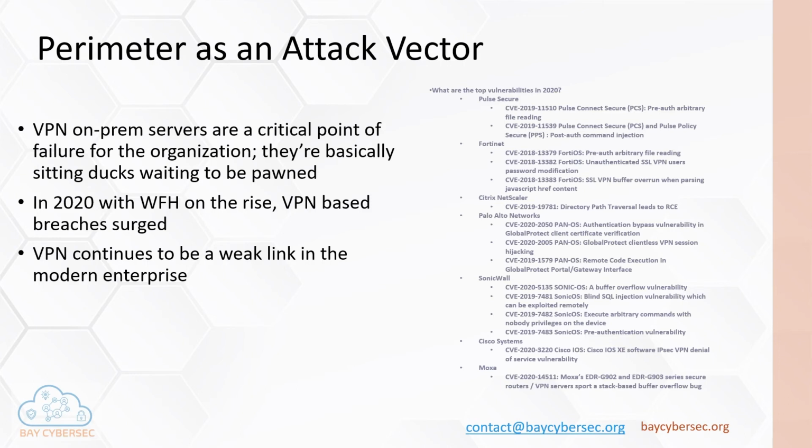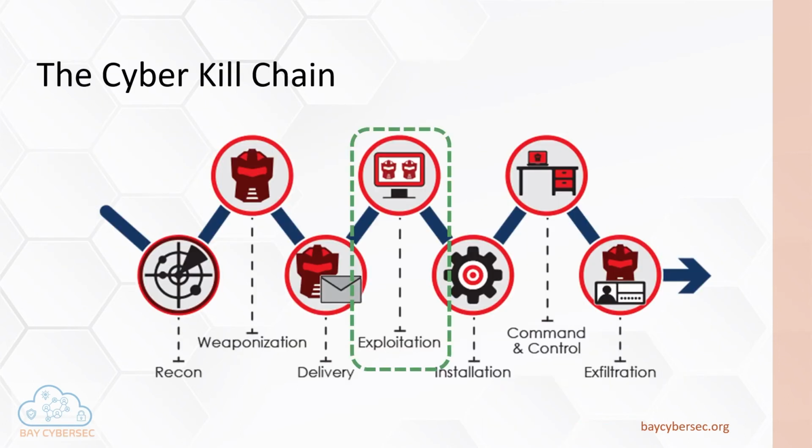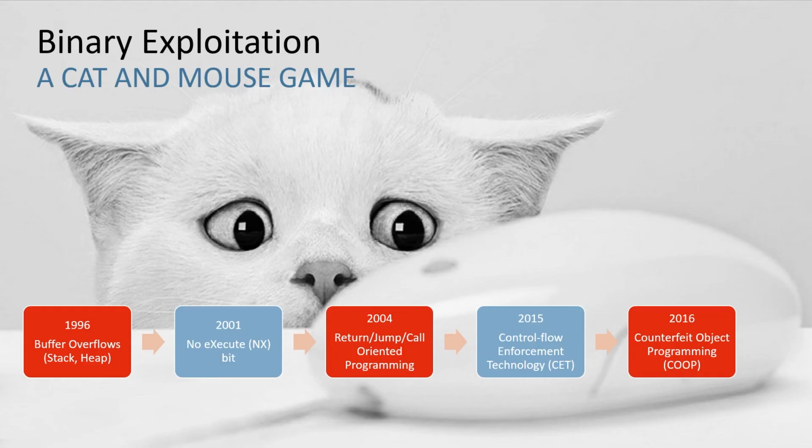Okay, so this sums up the whole delivery phase of the cyber attack kill chain. Now I want to talk about the exploitation phase, which has really evolved over the last 20 years. It's kind of like a cat and mouse game between the attackers and the software developers.